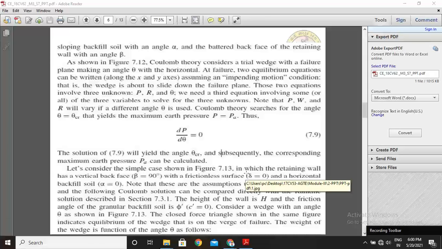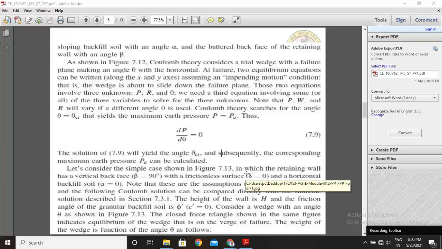Thus, dP by d theta equal to 0, this is equation 7.9. So the solution of equation 7.9 will yield the angle theta CR, that is the critical angle. And subsequently the corresponding maximum earth pressure PA, that is the maximum active earth pressure PA, can be calculated.